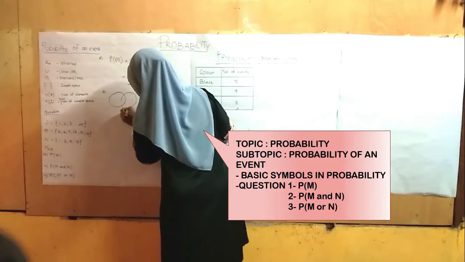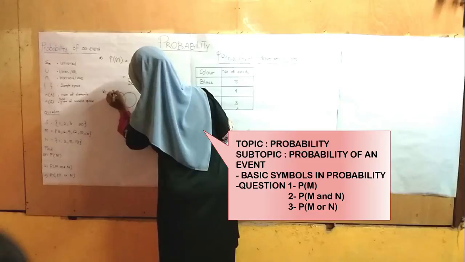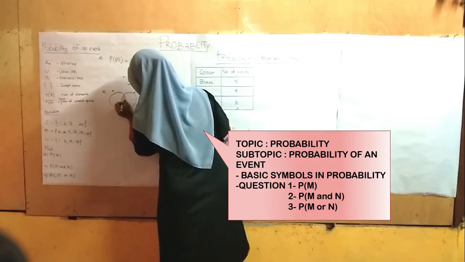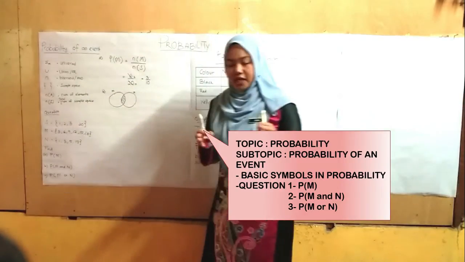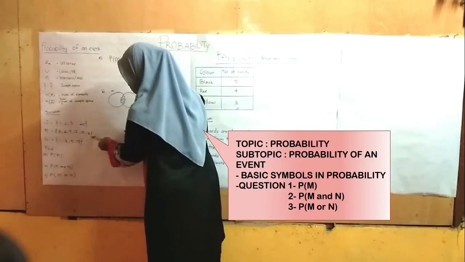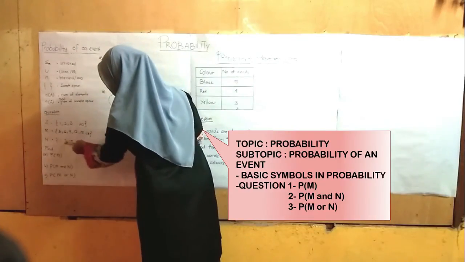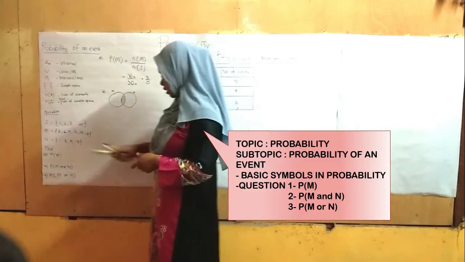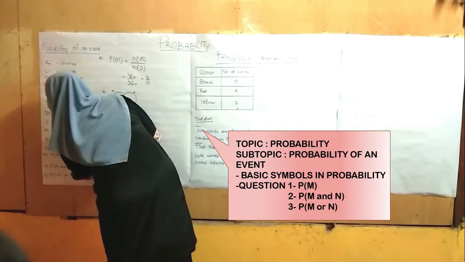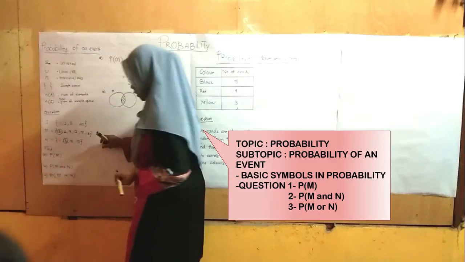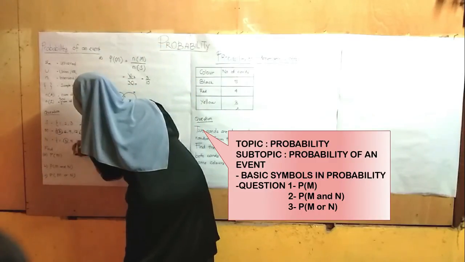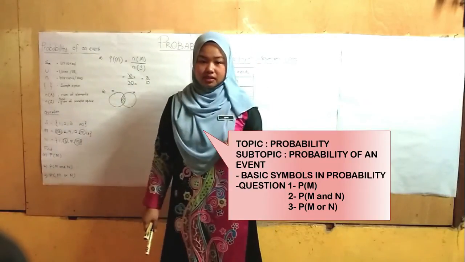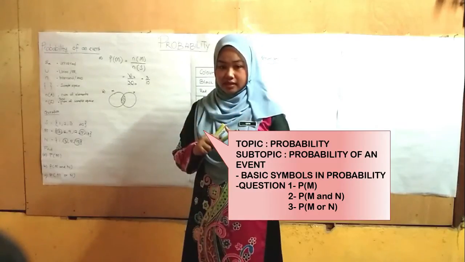This is event M and this is event N. The intersection is in between, which means the same elements in event M and N. So now we find the same elements. What are the numbers that we can see have the same number? So 3 and 15, right? So we have two elements in both events that intersect.